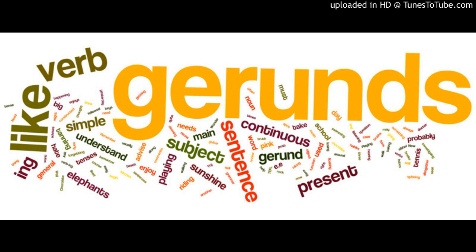Now, in this lesson, we're going to look at all the various functions that a gerund can have in a sentence. So before we begin that, we should understand what a gerund is and how a gerund is formed. If you look at the title, you can see that a gerund is basically a verb plus ing. So what is it? Is it a verb? Is it a noun?